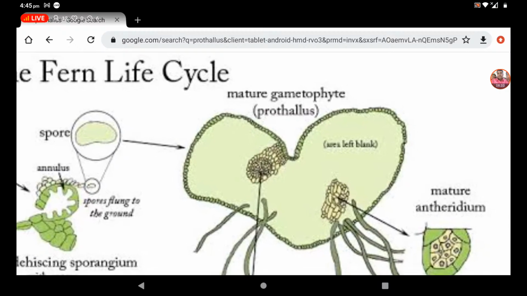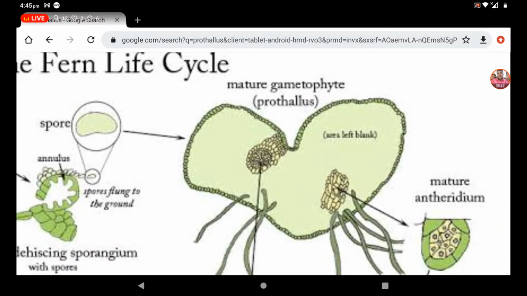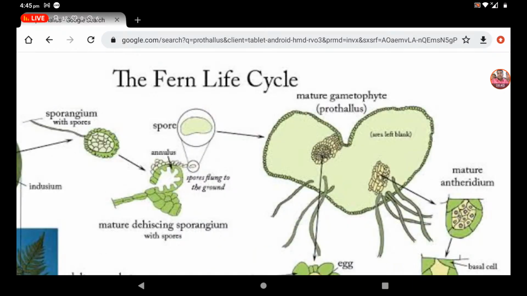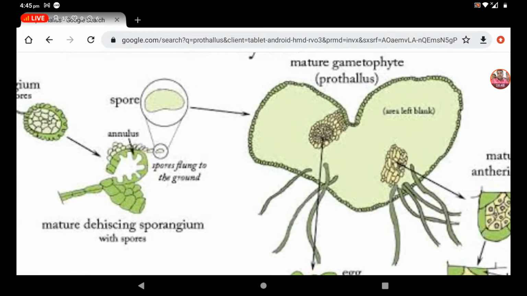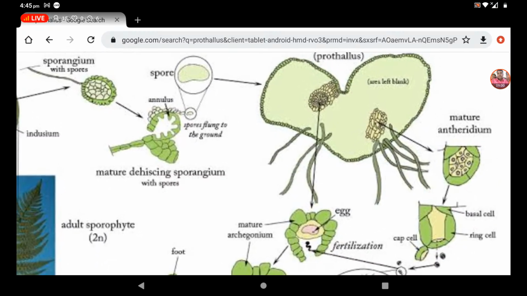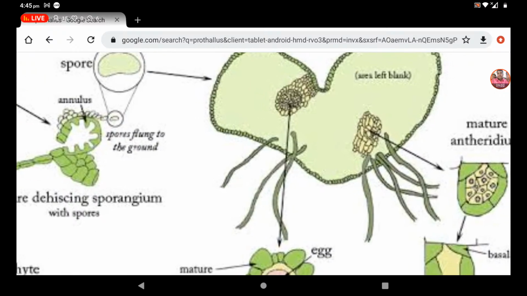On the screen the prothallus consists of the thallus body, along with rhizoids, root-like structures, and the male reproductive organ Antheridium and the female reproductive organ Archegonium are also present. Both structures appear here.